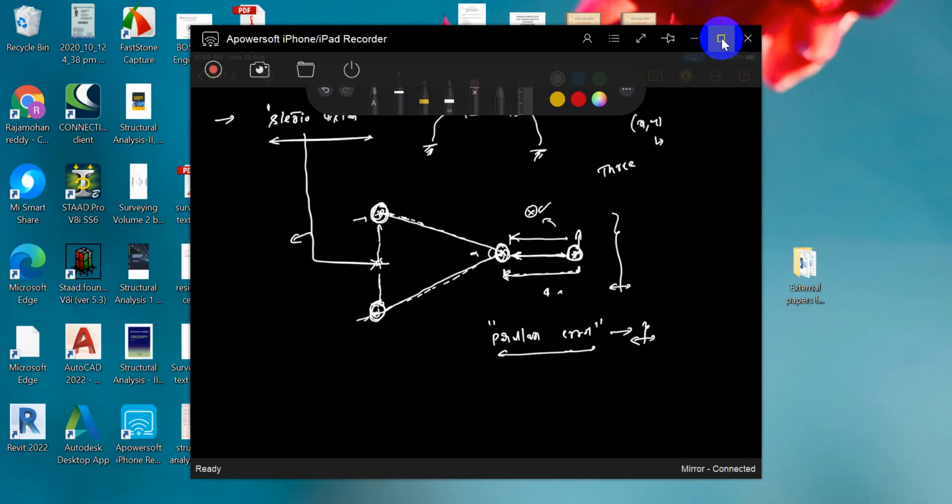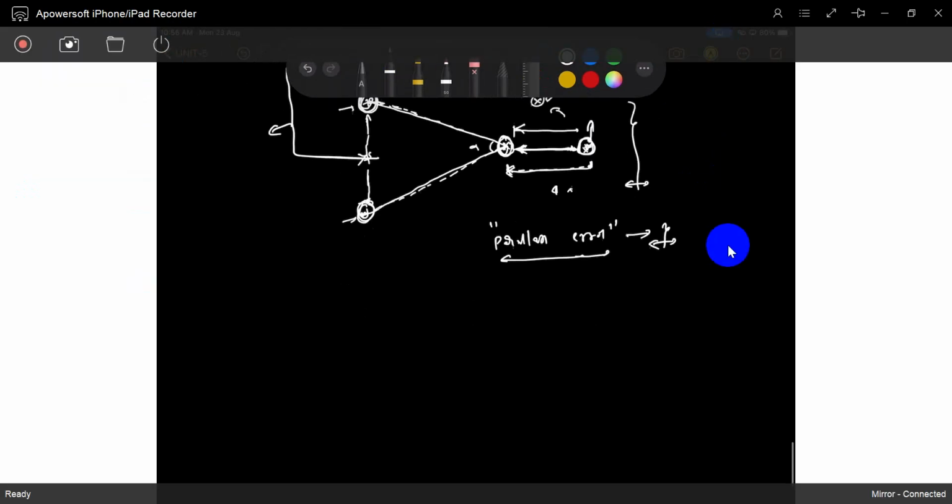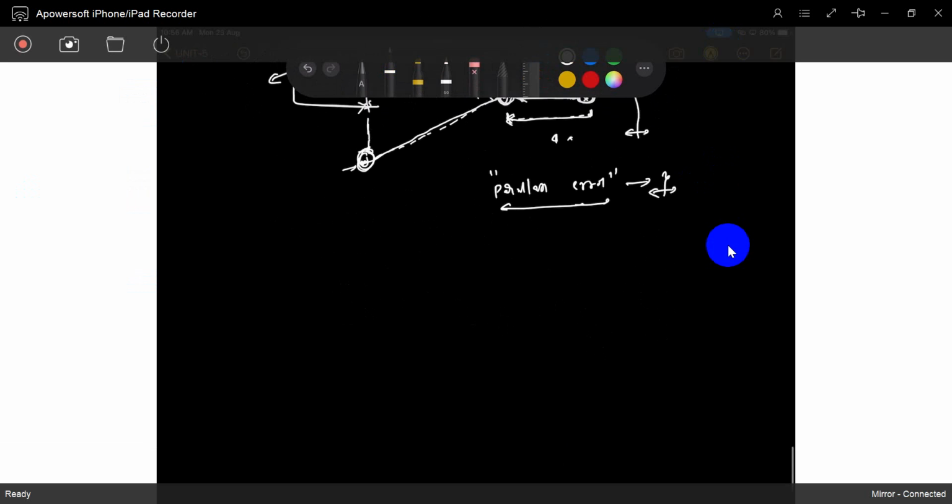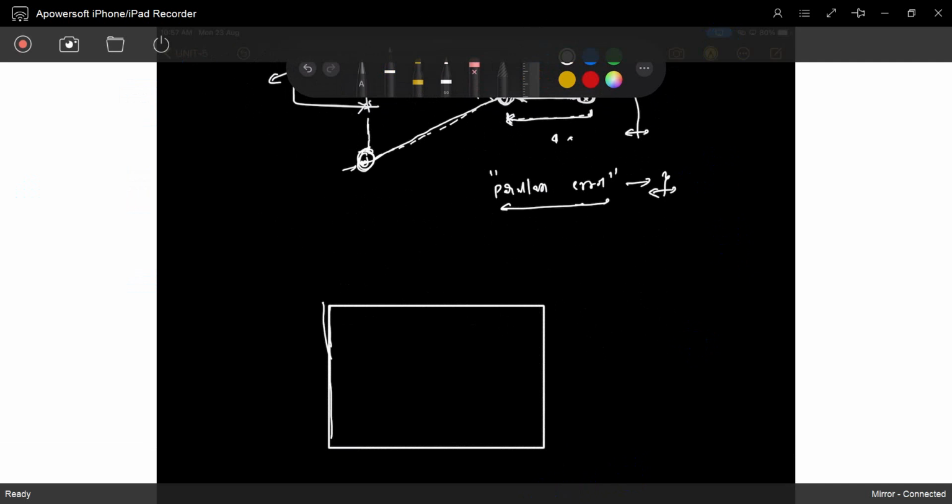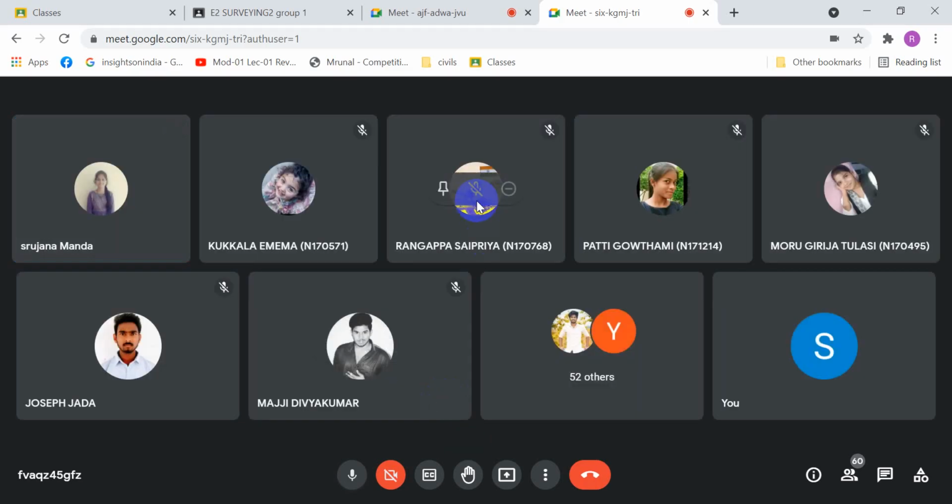So what they decide is to take the photographs, like if this is the area, they take the photograph of it.